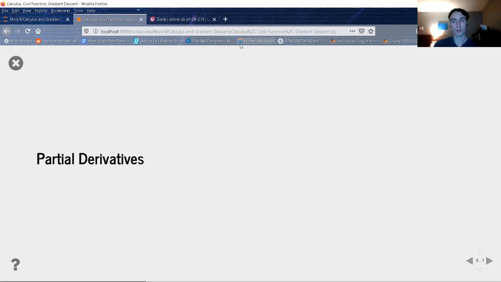All right, partial derivatives. Sometimes you have a function that has two different variables in it. So you could have x to the third plus 2y squared. If you have multiple variables, you can take multiple derivatives.